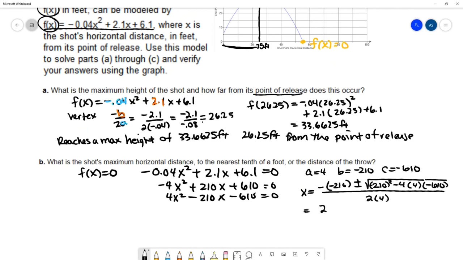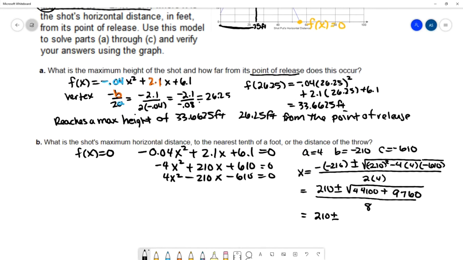I need to know what 210 squared is. That's a big number, so maybe I made a bad choice here, but that's okay. Then 4 times 4 is 16 times 610, and that gives me a plus 9,760, all over 8.